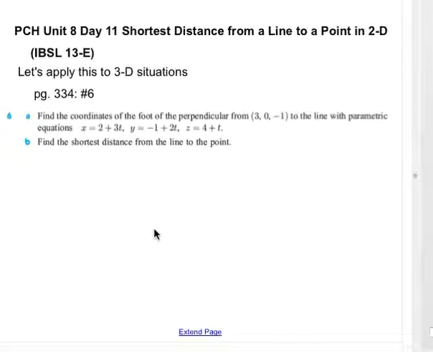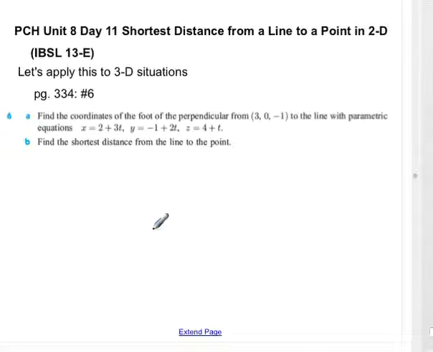All right, so we're trying to find the coordinates of the foot of the perpendicular. All right, so we have this point, we have this line. So they're kind of prepping us for part B, finding the shortest distance from the line to the point by getting us, first of all, to find coordinates for this foot of the perpendicular.